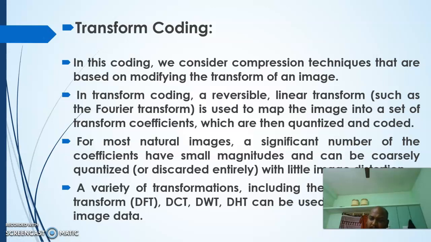So we can use some transforms. Generally, what transforms do we have for an image? The Fourier transform, very popularly used, the discrete cosine transform, Walsh transform, wavelet transform, Hadamard transform. So a series of transforms is available to transform from the spatial domain to the frequency domain.